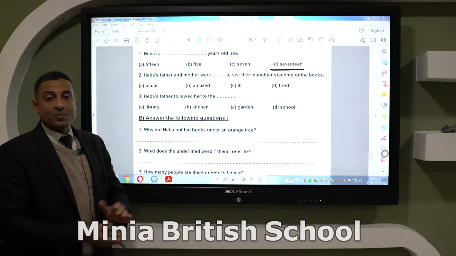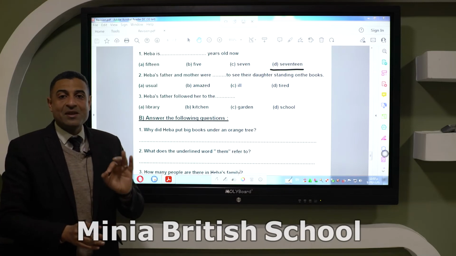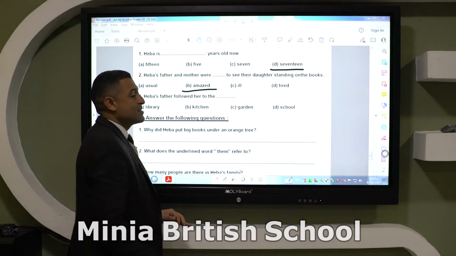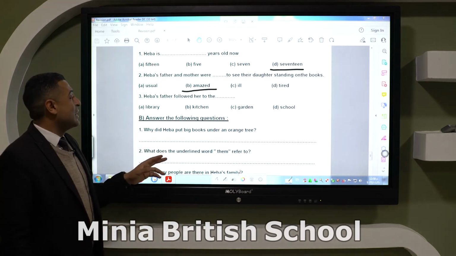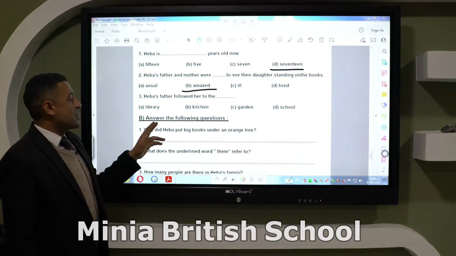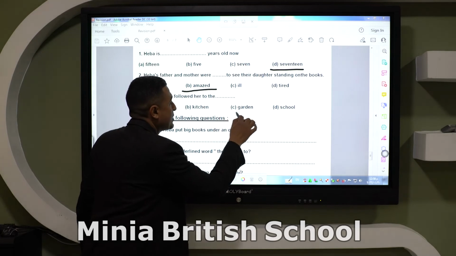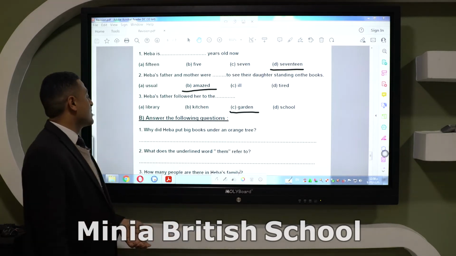They were surprised. So which of these adjectives can give us the same meaning as the adjective surprised? It's amazed. They were amazed. Hiba's father followed her to the space. Library, kitchen, garden, school. Of course, he followed her to the garden to check what she would do with the books.